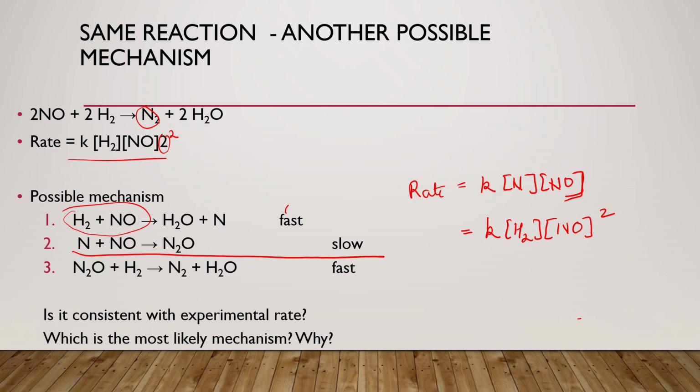All right. So with respect to the intermediates created, a nitrogen atom is something which is very unstable. You know that nitrogen in nature doesn't exist as a single atom. It exists as a molecule, that too with a triple bond.